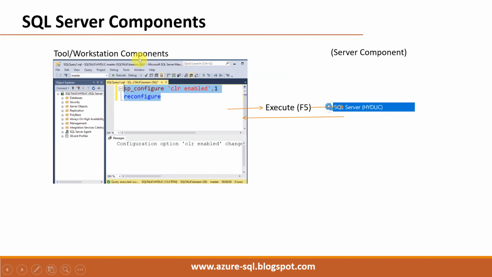Workstation components are those through which we connect and work. SSMS is our workstation component. Server components are nothing but services. SQL Server is our main service. Whenever we type a command and say execute, SSMS immediately submits the command to the SQL Server service in the background. That service processes the command and we get the result back.